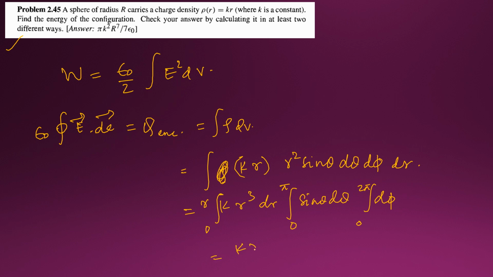This will be k R fourth by 4 into 2 into 2 pi, so that is k R fourth by 4 into 4 pi, that is k R fourth pi. So this is Q enclosed.